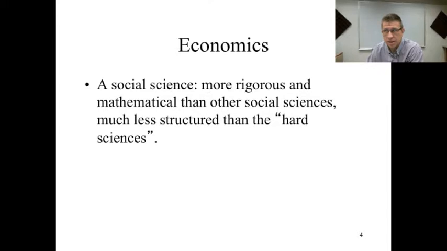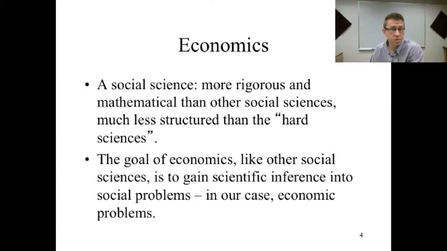At the undergrad level, you're going to see less math here than in a physics major, or the introductory physics courses where they could be heavily calculus. In this class, there's no calculus. This is the introductory level. We don't deal in calculus in Principles of Microeconomics. So there's a little bit less math structure than some of the natural sciences, but compared to the social sciences, it's a bit more structured.